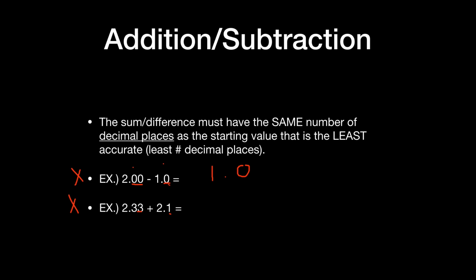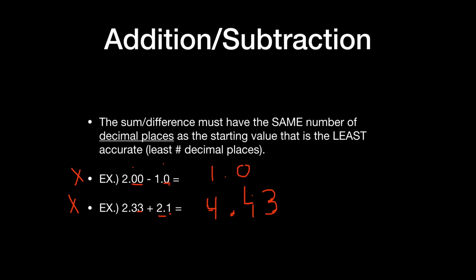If I were to just put this into my calculator, it would tell me that the sum of those two values is 4.43. Oh, I don't know why my stylus isn't working right now. But the problem is that this isn't the answer that I'm looking for. I want my answer to have 1 decimal place, because over here I only have 1.